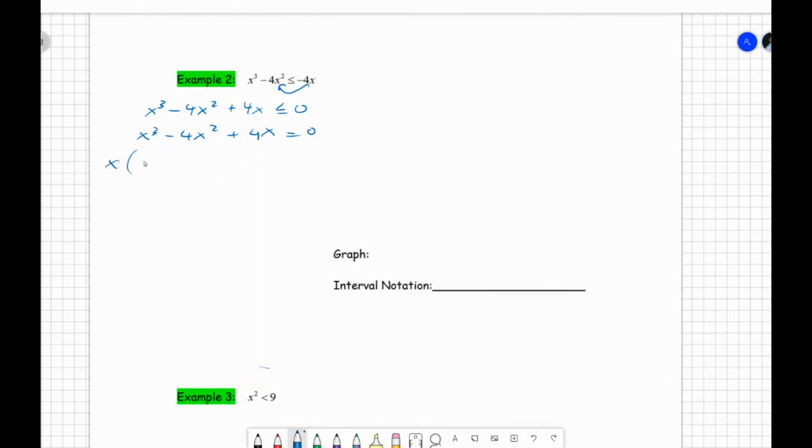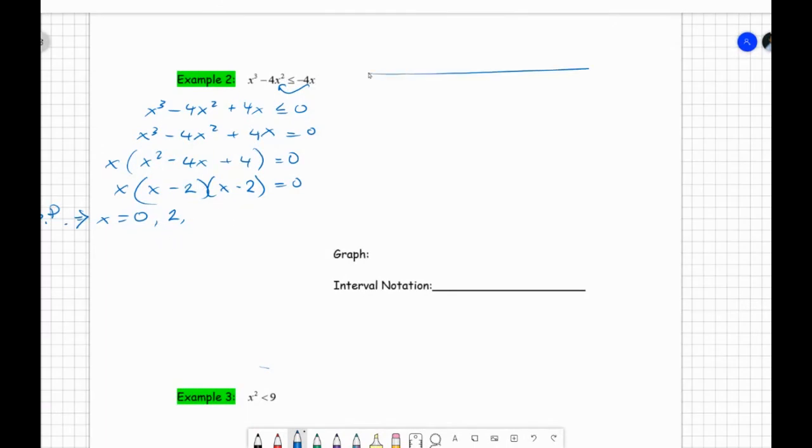Now we can factor this out. So my boundary points are, so BP for boundary points, x is equal to 0, 2, and that's it. We have a multiplicity of 2 here. So we only have 2 boundary points.